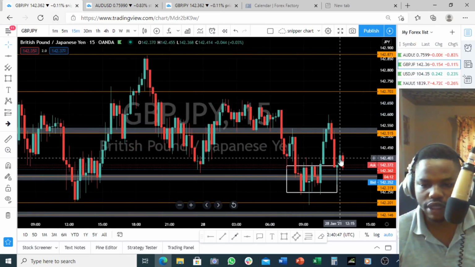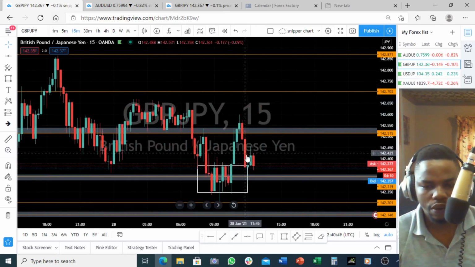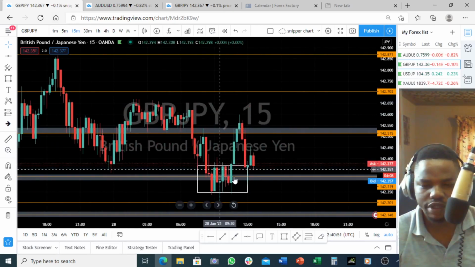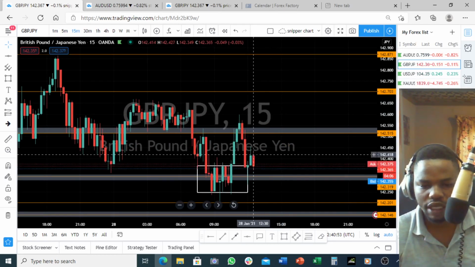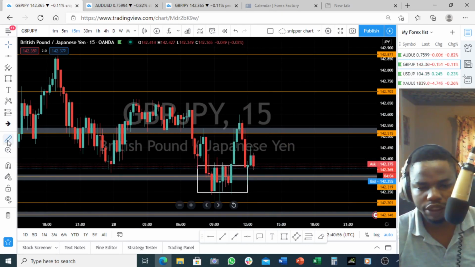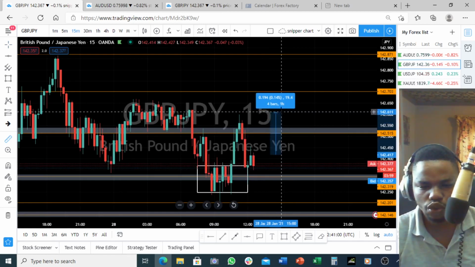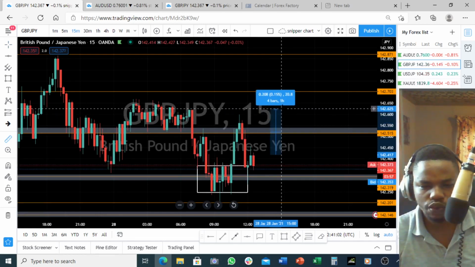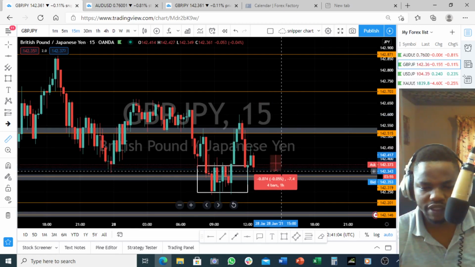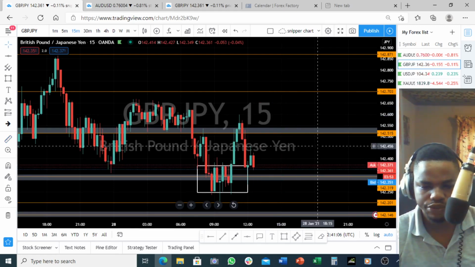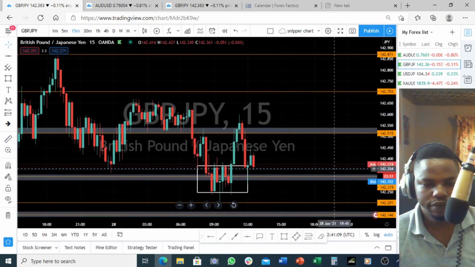Okay, so here this is what I will wait for. I will wait for price to create some mystery box area, and I will go up, and then I will catch 15 to 20 pips with a 7, 8 pip stop loss. Then I will wait for that to happen.